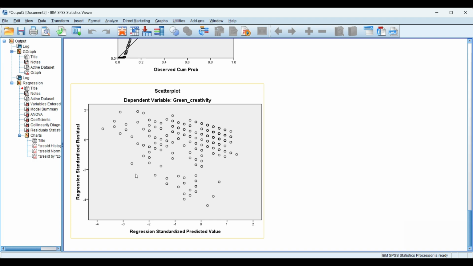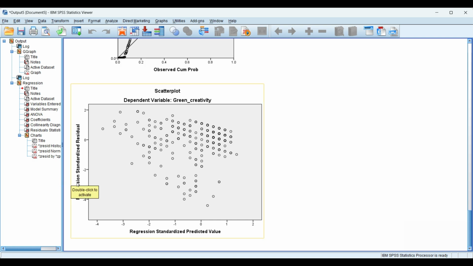You can also see several standardized residuals are below -3, because the residual value should be between -3 and +3.